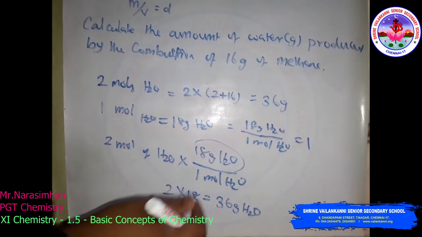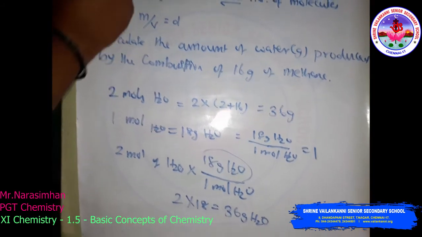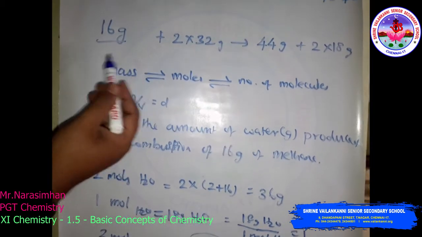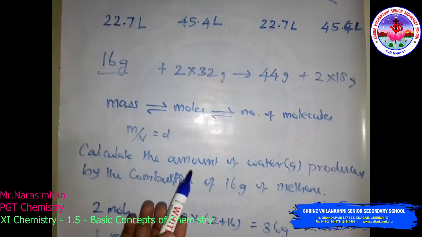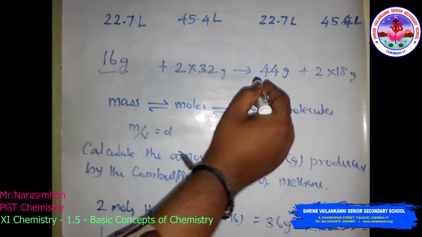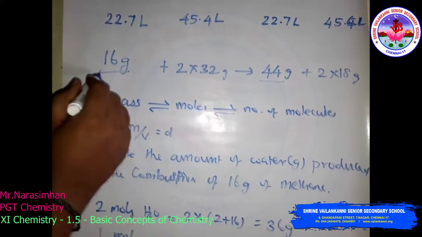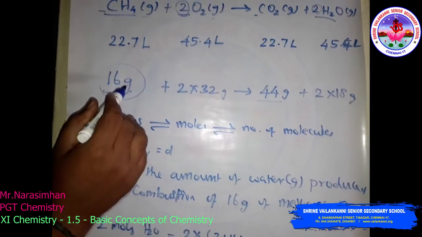Then how many moles of methane are required to produce 22 gram of carbon dioxide gas after combustion? We can calculate this also. Here 44 grams is given, that is 44 gram of carbon dioxide obtained from 16 gram of methane.